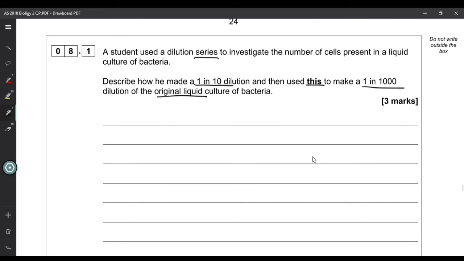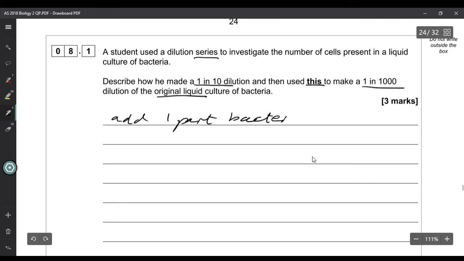Okay, so I'll go through how to do this. The first part, to make the 1 in 10 dilution, is add 1 part of the bacteria culture to 9 parts sterile liquid and mix well.